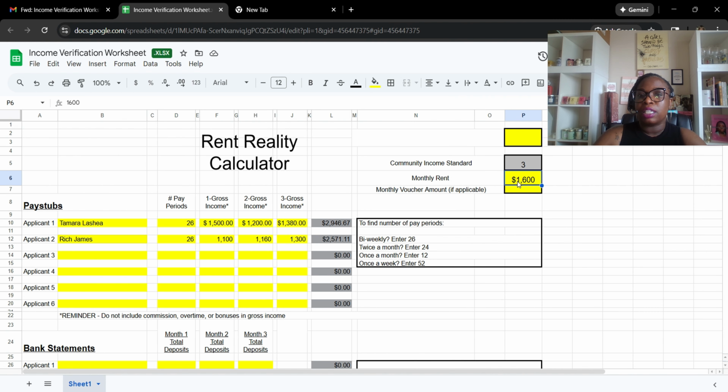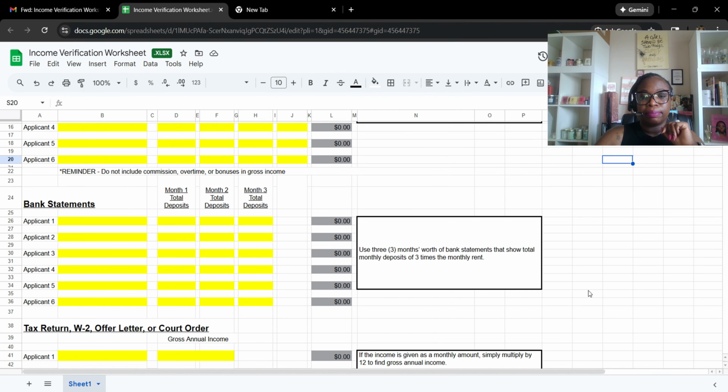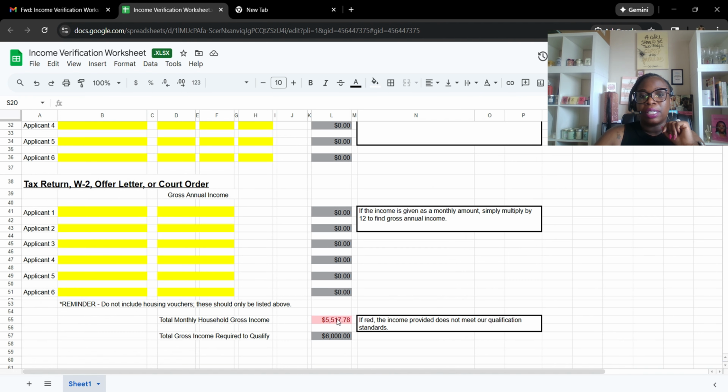Now, let's up the ante a little bit. $2,000 a month. Let's say this same couple looked for an apartment or rental property that cost $2,000 a month, and the management company wanted them both to have 3 times the rent combined. See how the spreadsheet went red?